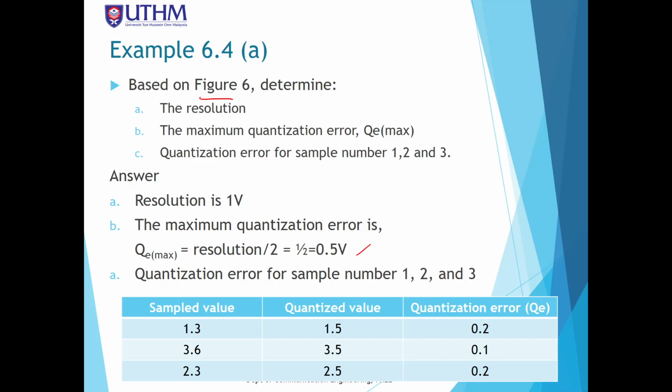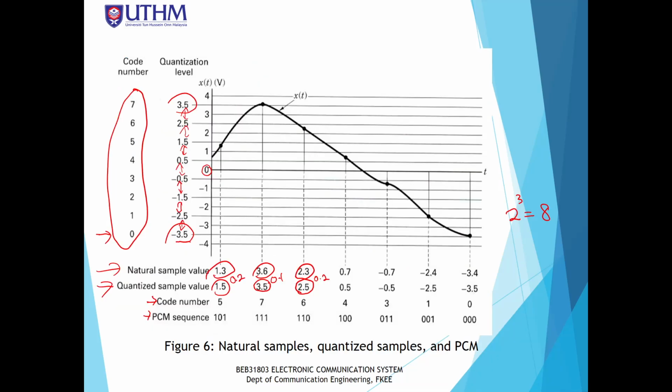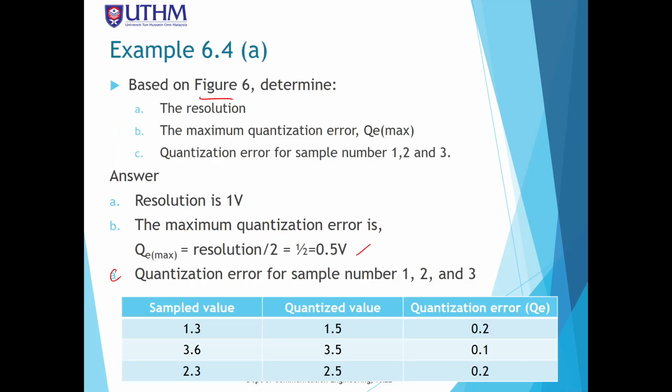And then the last one, this is supposed to be C: the quantization error for samples 1, 2, and 3. Where are samples 1, 2, and 3? This is sample number 1, this is sample number 2, this is sample number 3. So we have 1.3, 3.6, and 2.3 volt, which is the sample value, first, second, and third sample.